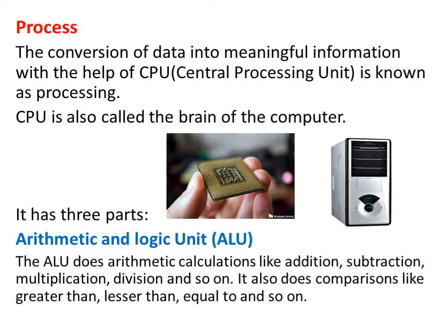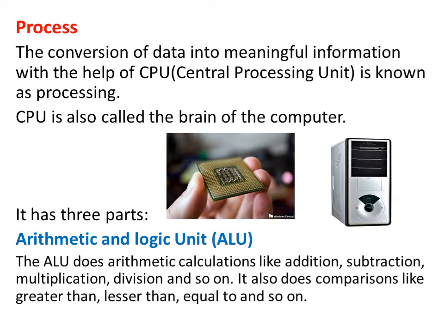What is CPU? CPU is Central Processing Unit, and CPU is also called the brain of the computer. You can see here the brain of the computer, how it looks like. Now it has three parts. First is Arithmetic and Logic Unit, ALU.